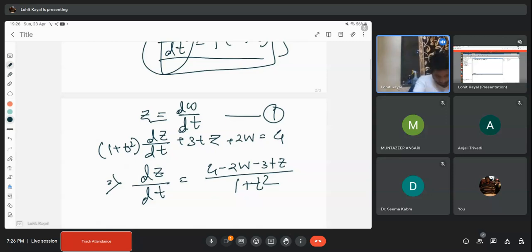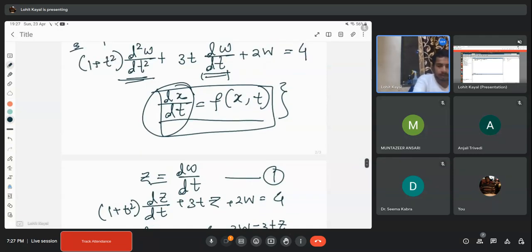This is how you define a function in MATLAB. So now we can directly write the final form of dx dt. The first one was dw dt equal to z, and z means x of 2.